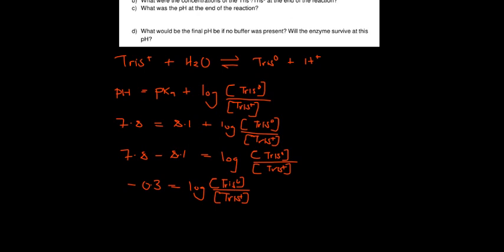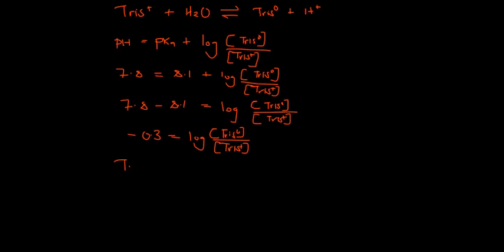So this means that we are going to have the Tris conjugate base over the Tris acid concentration be equal to 10 to the power negative 0.3.